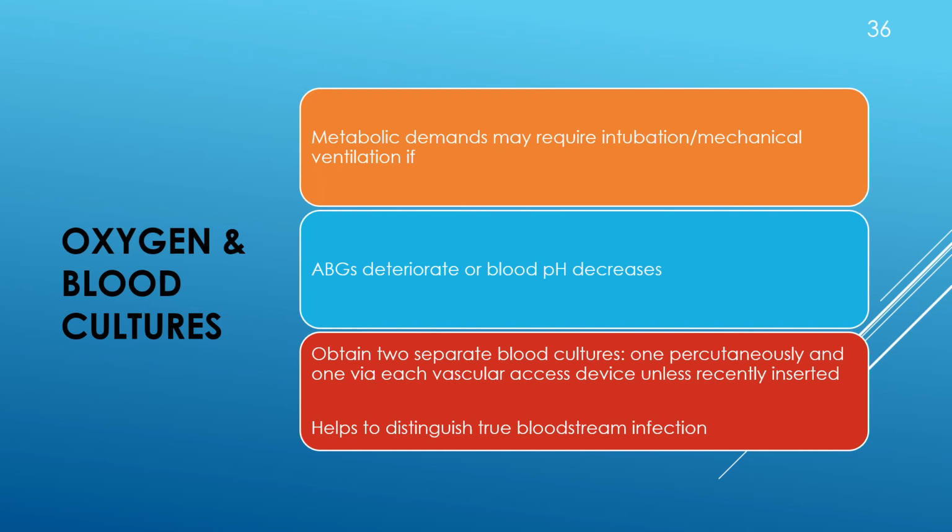Also, you want to get blood cultures, and the goal is to obtain 2 separate cultures, one percutaneously and the other via vascular access. Why get 2 separate blood cultures? Because it really helps determine whether this is a true bloodstream infection, rather than a local infection. So that's the purpose of that.